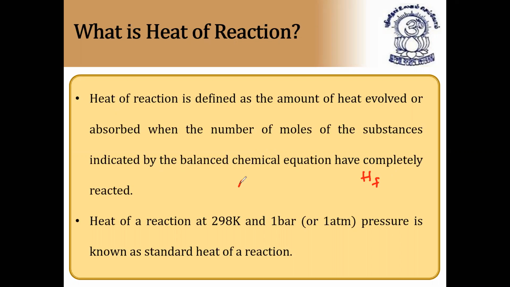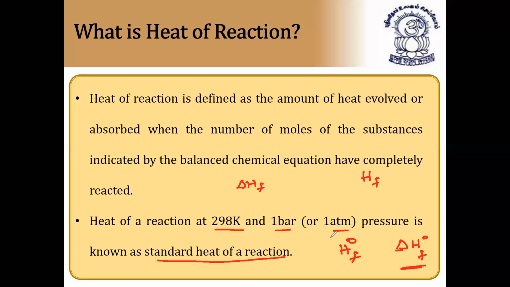Change in heat of formation is delta HF. Similarly, when heat of reaction is taken at 298 kelvins, room temperature, and 1 bar or 1 atmospheric pressure, it is known as standard heat of formation. For this we let heat of formation equal standard heat of formation, H degree F. Delta H degree F is called enthalpy change of standard heat of formation.